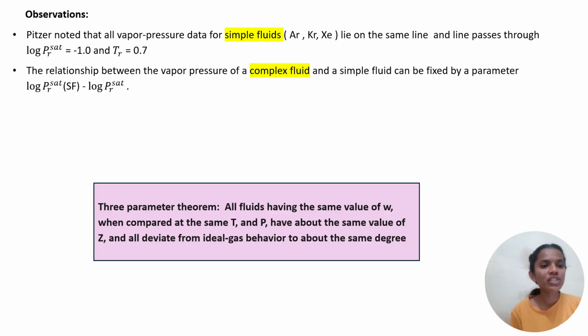The relationship between the vapor pressure of a complex fluid and a simple fluid can be fixed by a parameter, that is, logarithm of saturated reduced vapor pressure for simple fluid minus logarithm of saturated vapor pressure. From this, we can say that all fluids having the same value of omega, when compared at the same temperature and pressure, have the same value of compressibility factor and all will deviate from ideal gas behavior to about the same degree.